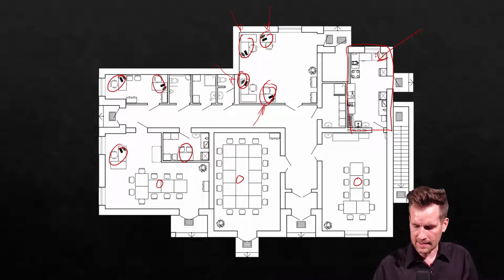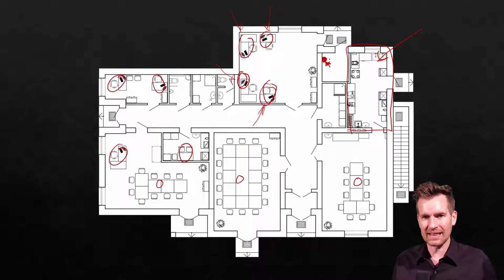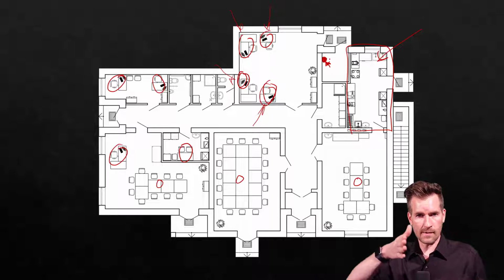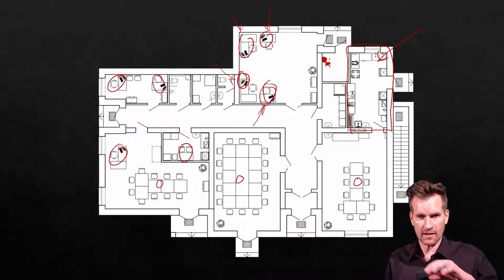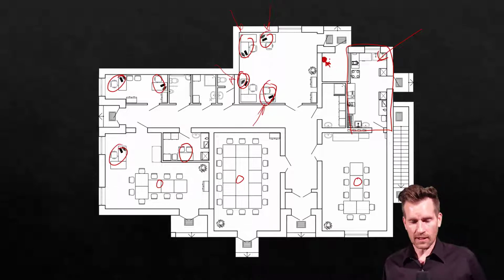So maybe it's in this room right here, and there's going to be a jack, or a coax termination point, or something in there that is going to be the point of demarcation. The point of demarcation, anything before that is the responsibility of the internet service provider. Anything after that is my responsibility. So I've got the demarcation point.